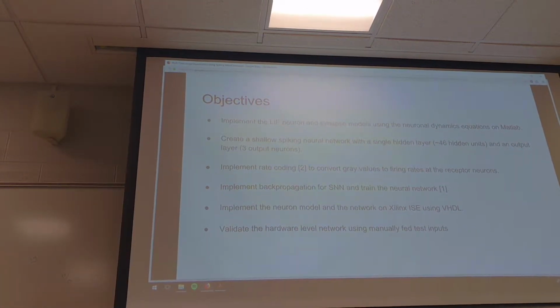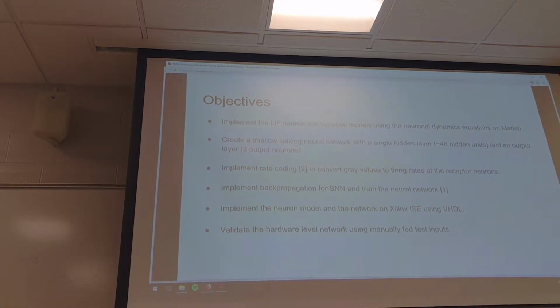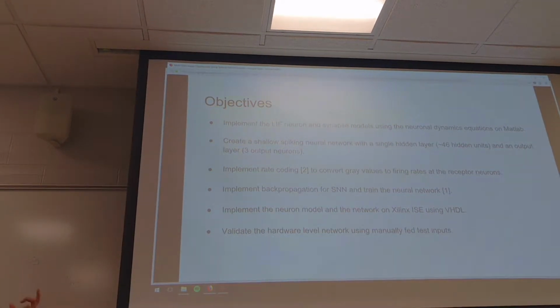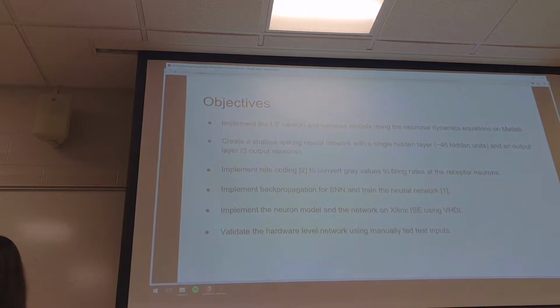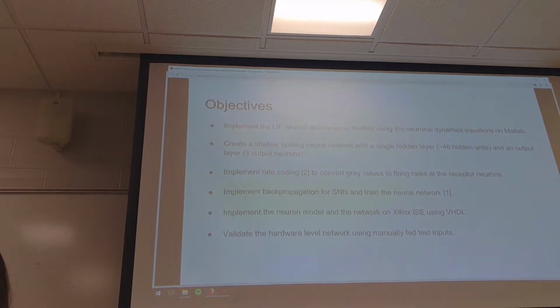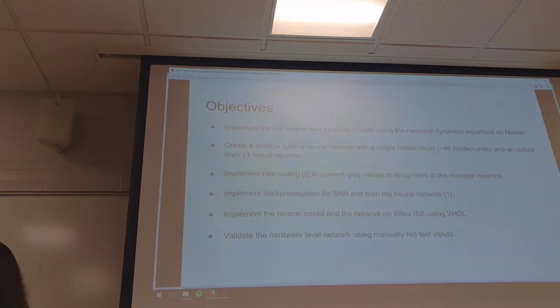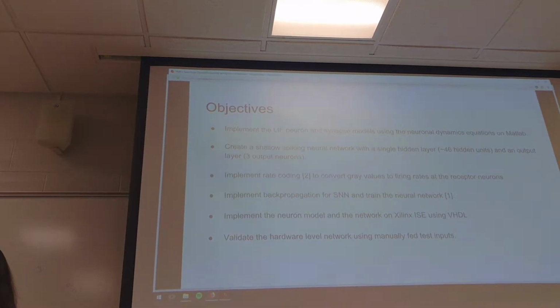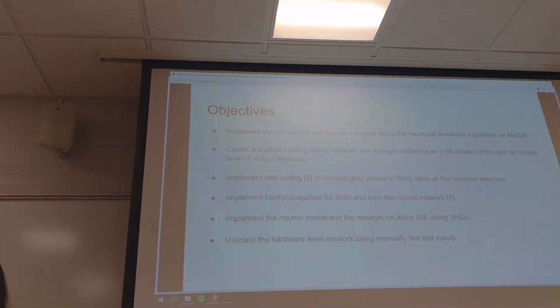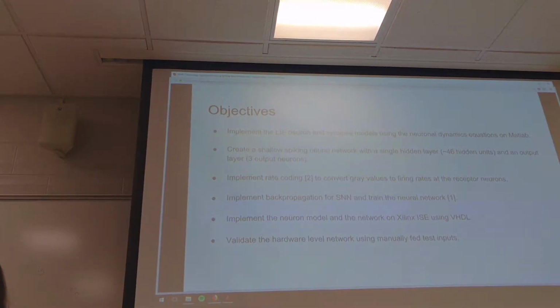Therefore, in the spiking neural network, the input layer will contain 784 or 28 by 28 input neurons, and then the hidden layer will contain 46 hidden units. Output layer will contain only 3 neurons, where we will just try to classify only three digits, and we will be using the rate coding mechanism.